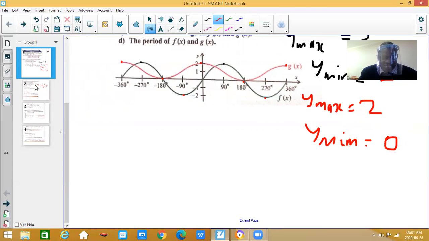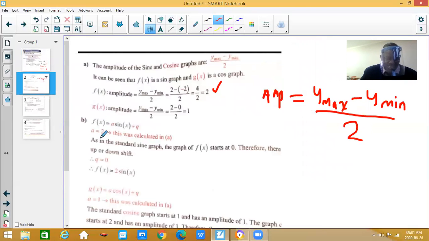Now, with that in mind, we can go straight in. Using our formula, the maximum is 2 minus the minimum, which is 0, all over 2. So 2 minus 0 is 2, and 2 over 2 means the amplitude there is 1.